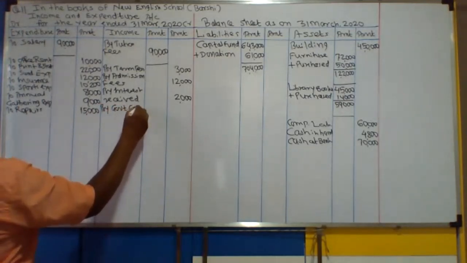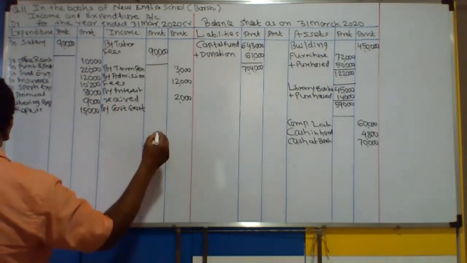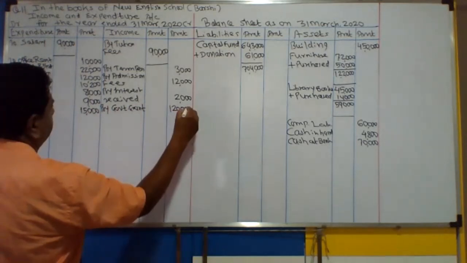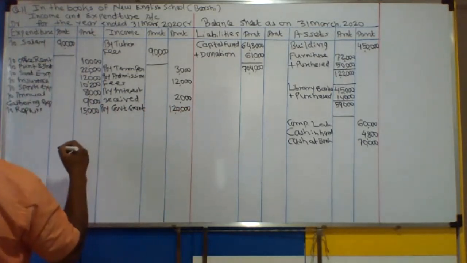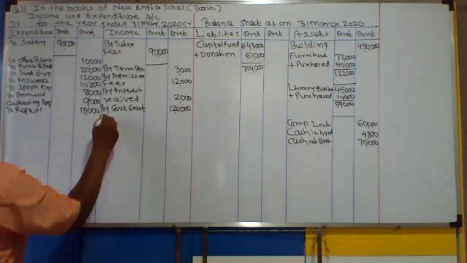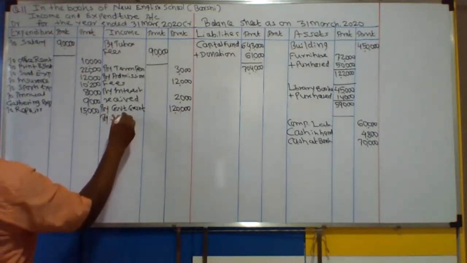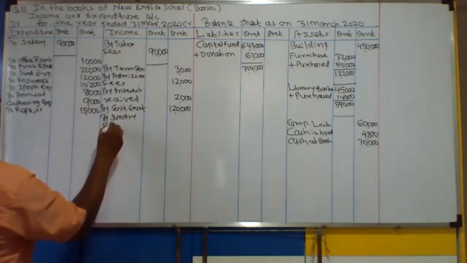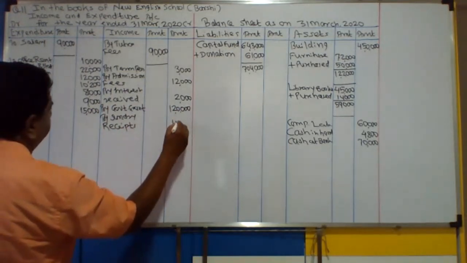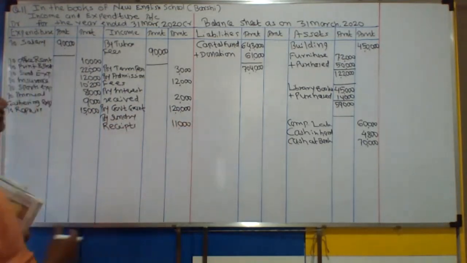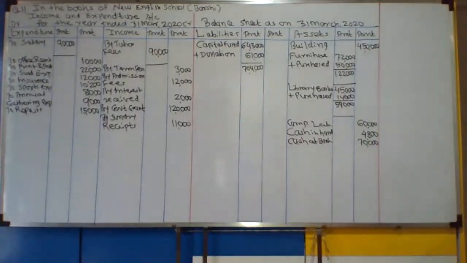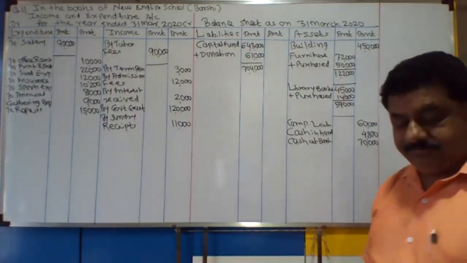So government grant is to be recorded to the income side, 1,20,000. And sundry receipts or other receipts are to be recorded to the income side only. Sundry receipts are rupees 11,000. So in this way, all the items from the receipt side are recorded.